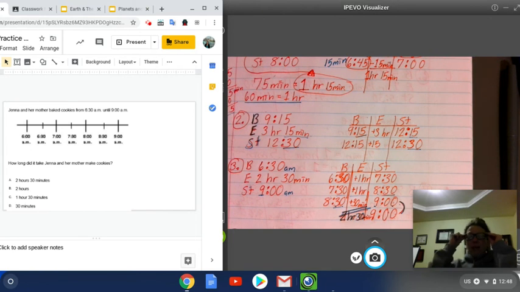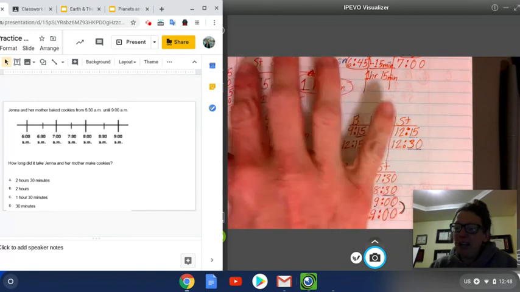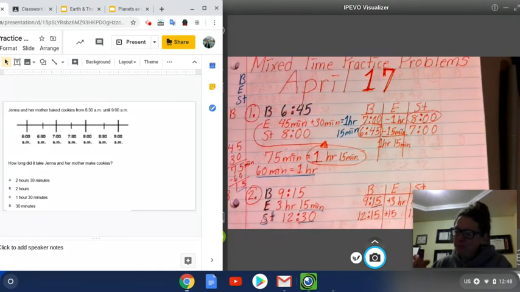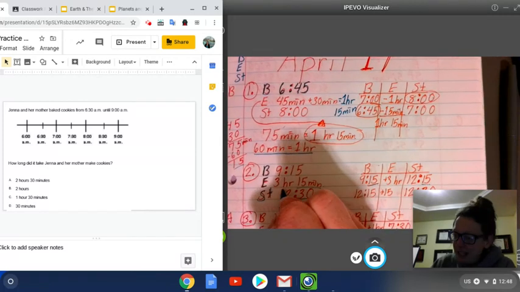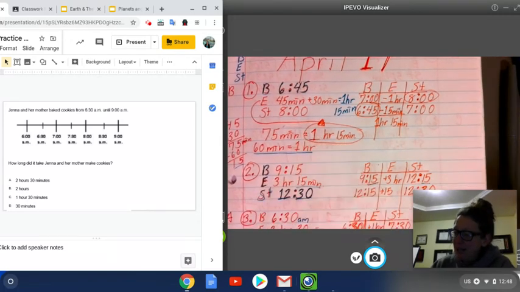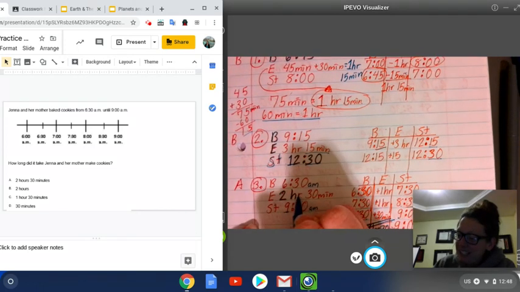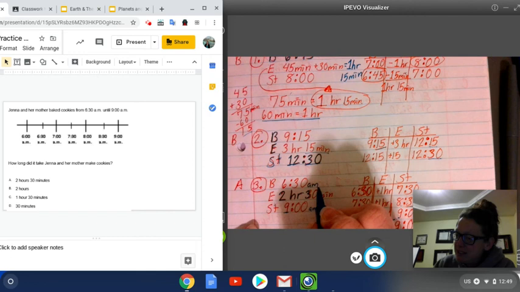Now, we have done one of each kind of the problems where we had to find the beginning time, where we had to find our stopping time, and where we had to find the elapsed time.